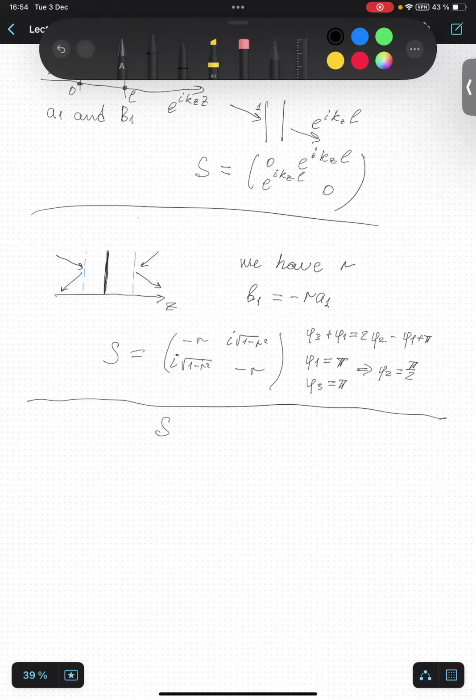Let's calculate something more physical, more real: the S matrix for a Fabry-Perot resonator. As you remember, a Fabry-Perot resonator is just two mirrors with reflection coefficient 1, reflection coefficient 2, and also transmission.